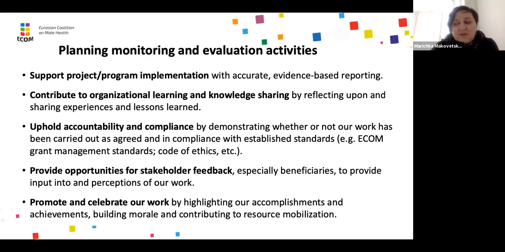In such things, you may highlight your accomplishments and achievements. You may build morale and contribute to resource mobilization. You may show how successful you were in your program or project. You may show anything that was really brilliant in your work, some great achievements. That is also important to show to the stakeholders and donors.